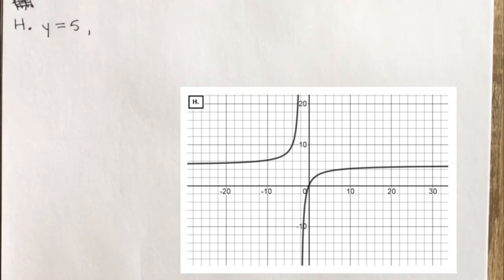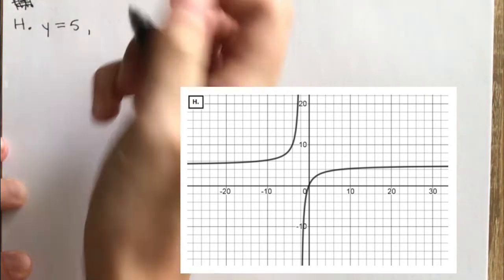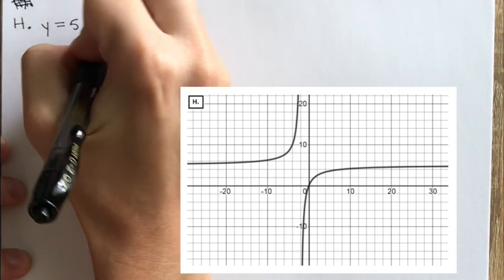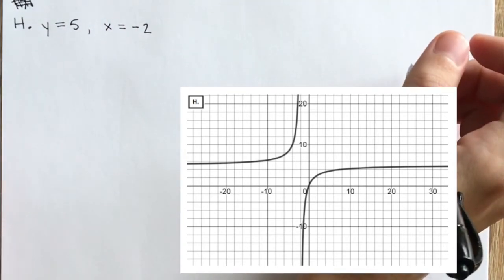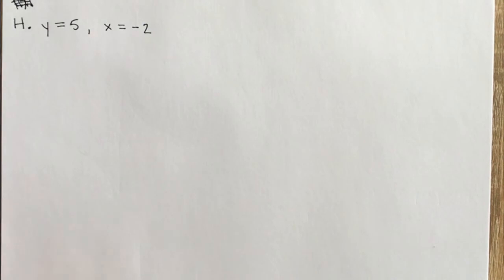And then that piece on the right looks like it's getting really, really close to also that first grid line to the left of the y-axis, which is -2. So we can assume that we have a vertical asymptote at x equals -2.